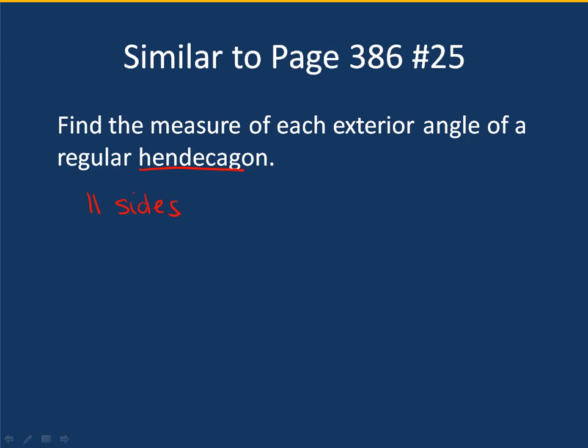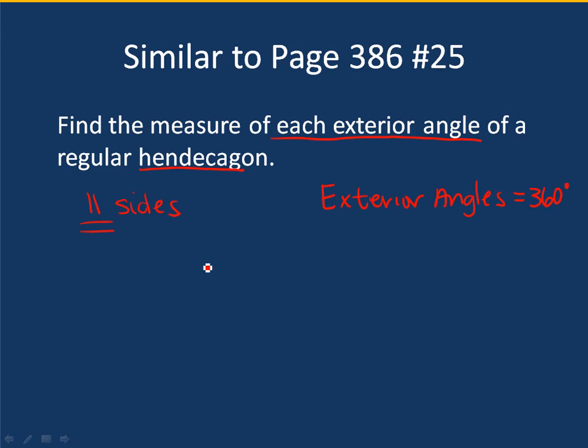So if you take all of the exterior angles of any convex polygon, it doesn't matter what kind it is, what size, whether it's regular or not, as long as it's convex, if you stick them all together, you'll get a circle. That means that all of the exterior angles add up to 360 degrees. Always, no matter what.